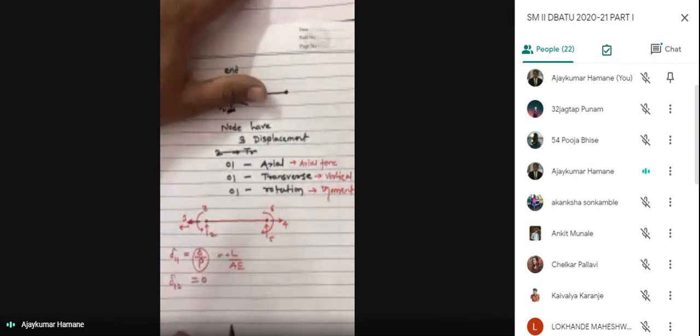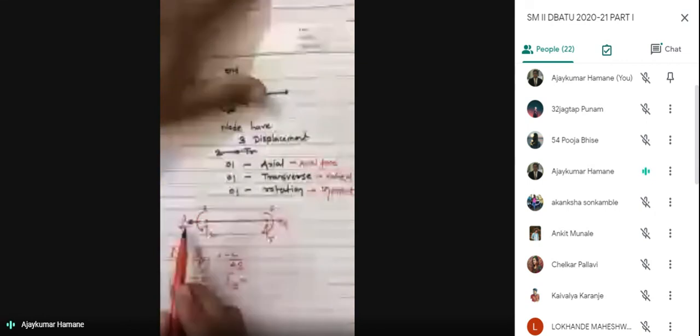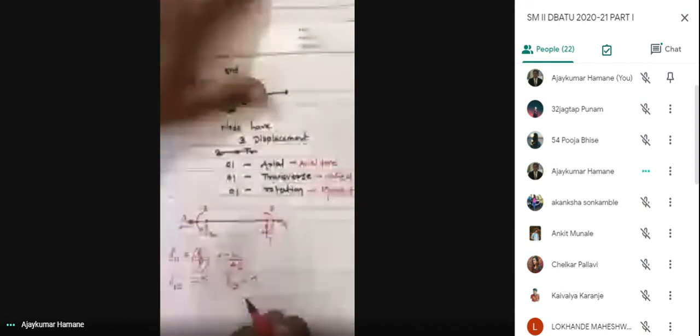There is no effect when we apply vertical force; we have only moments and reactions. Delta 1,3: what is the displacement when we apply the moment? 0, because for rotation we have only reactions.